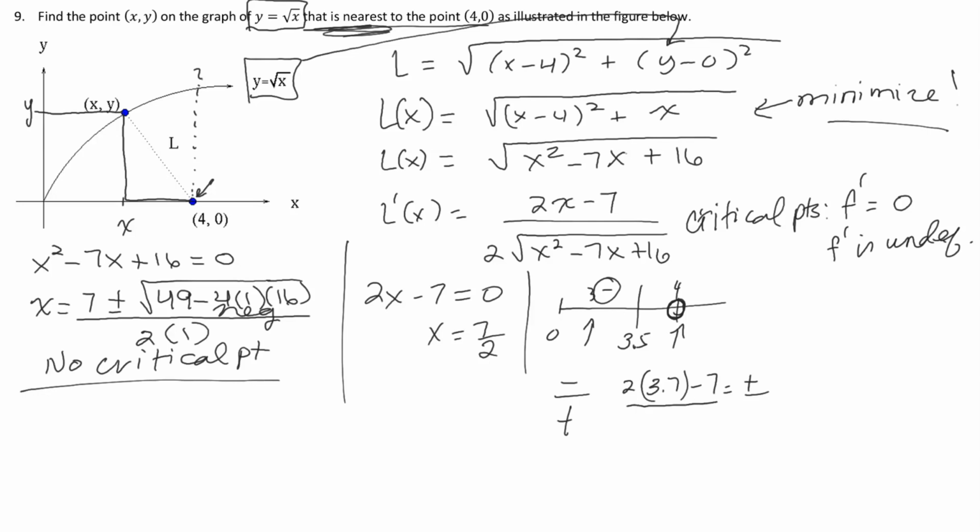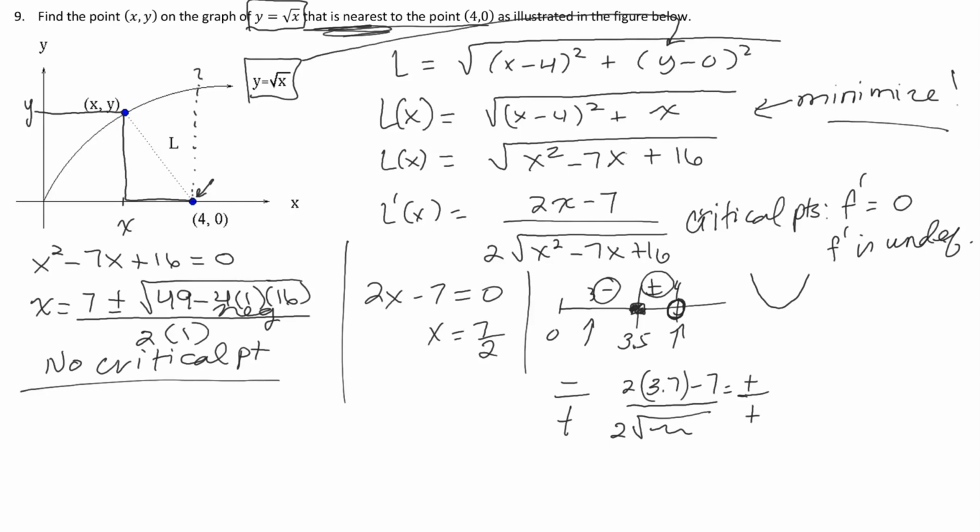I've been doing math for so long today that I am not having my mental math here. And the denominator, if I put that into my calculator, is also positive. So then the derivative here is positive. So we have a minimum because it's going to decrease and then increase.